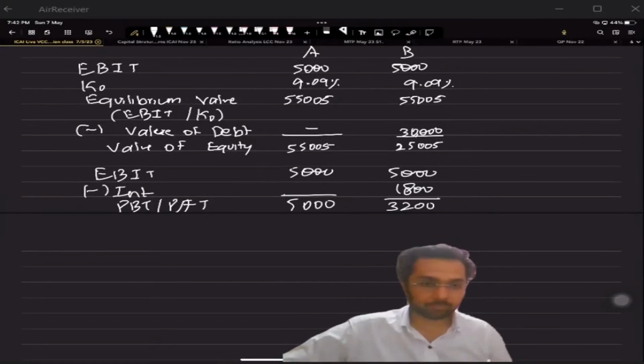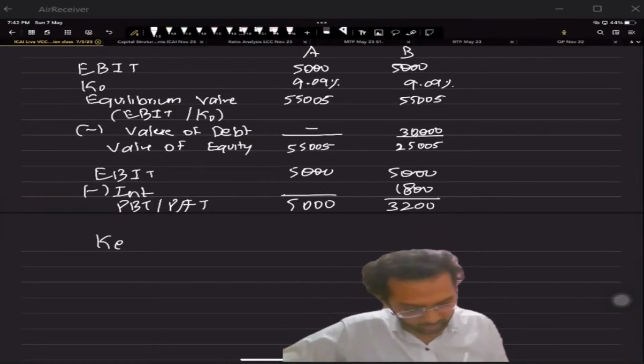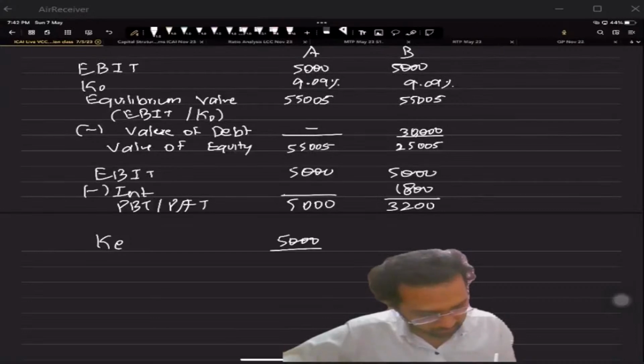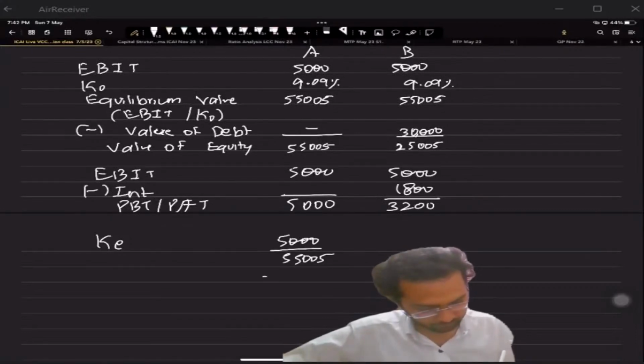So PBT or PAT is 5,000 and here it is 3,200. Correct? So we have K as 5,000 divided by 55,005, and this is 3,200 divided by 25,005.